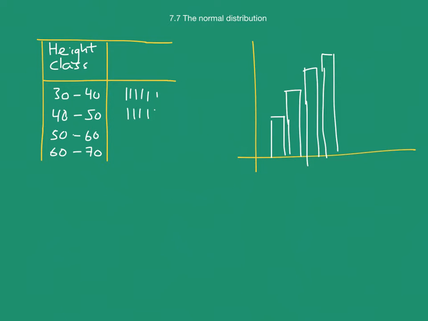Do the same for 40 and 50, same for 50 and 60, same for 60 and 70. So the bars here simply represent how many individual data points is within a specific class or group.